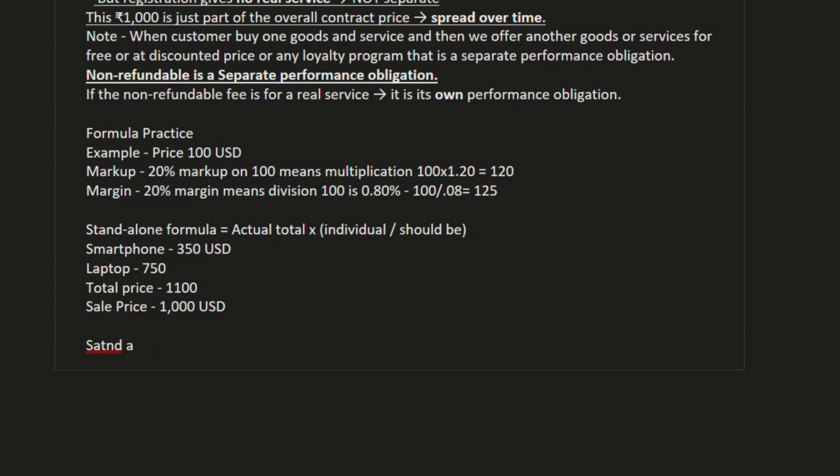Actual total means the entire total, the contract total.